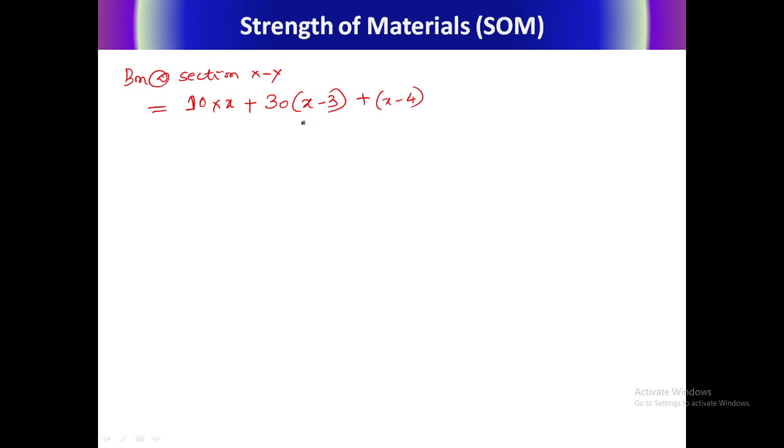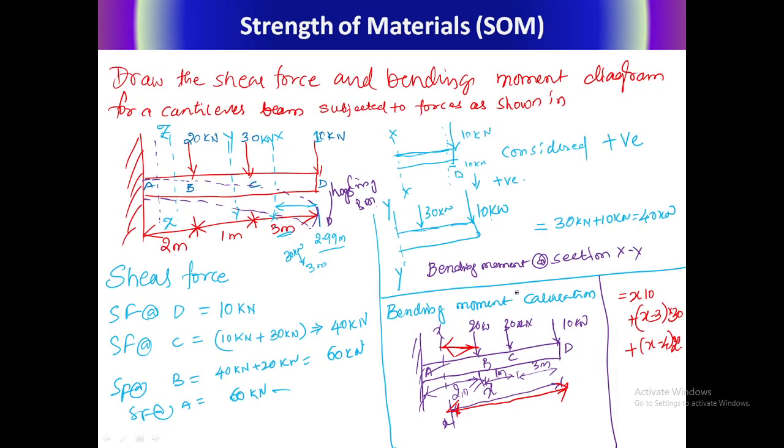Now let us consider, I want to calculate the bending moment at point C here. So what is the equation? The relation we have got here, x minus 3. Okay, so let it be. Now in this case you need to consider the loads which are there on the right-hand side. For 3 meter distance the only load here is 10 kilonewton, right?